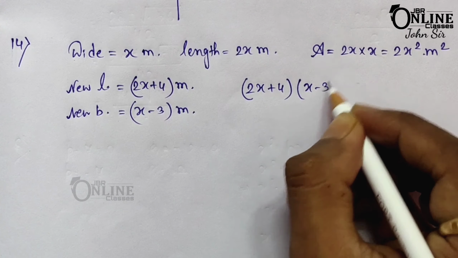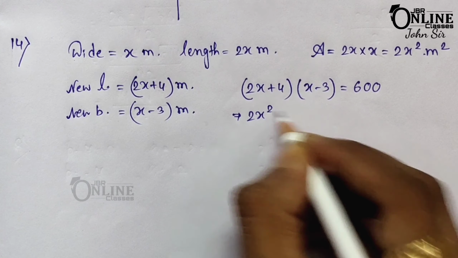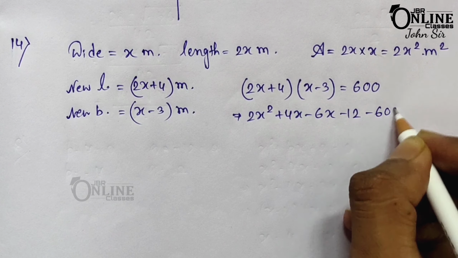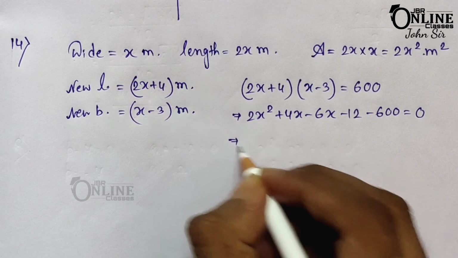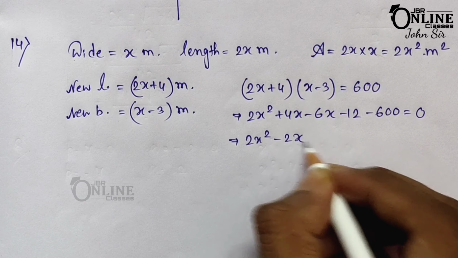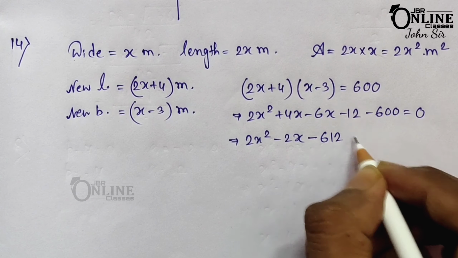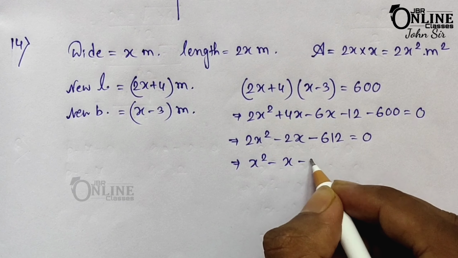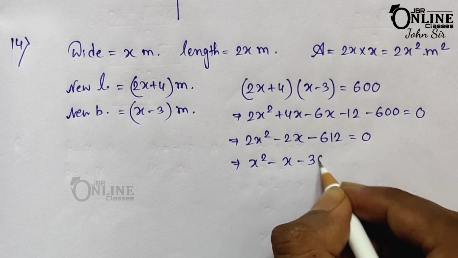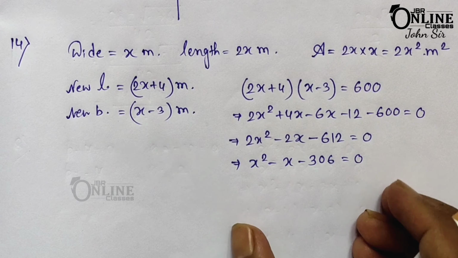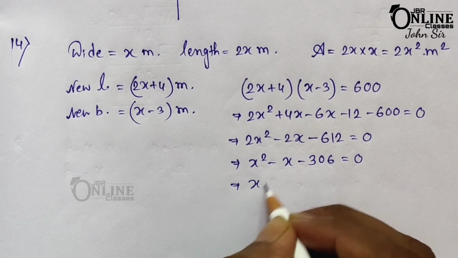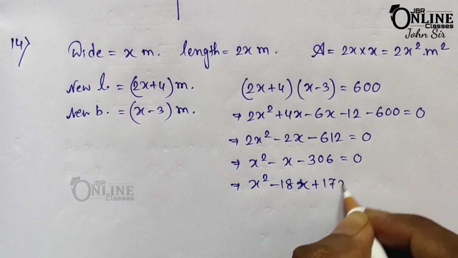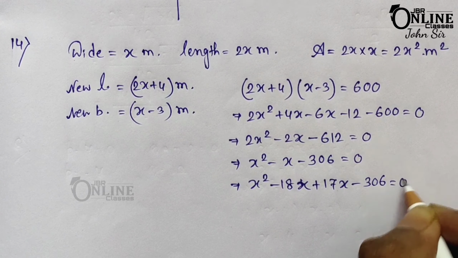So now if you multiply this, 2x square plus 4x minus 6x minus 12 minus 600 equal to 0. So here 2x square minus 2x and minus 612 equal to 0. If you divide by 2, x square minus x minus 306 equal to 0. And if you apply the middle term factorization method, you will get x square minus 18x plus 17x minus 306 equal to 0.